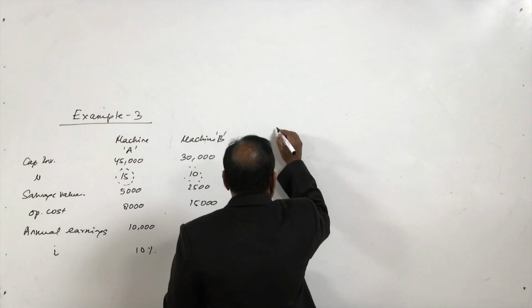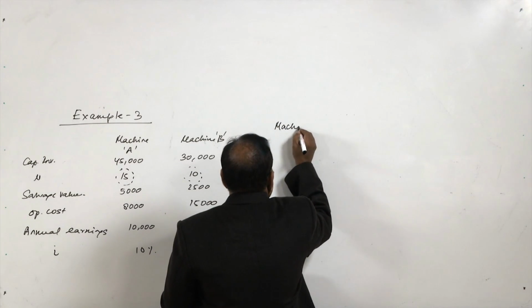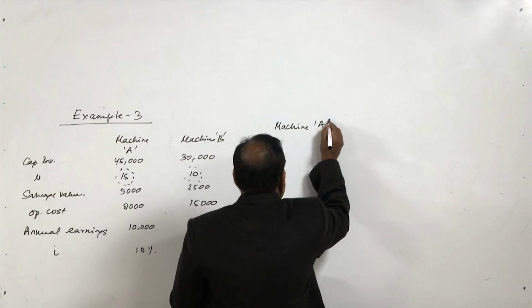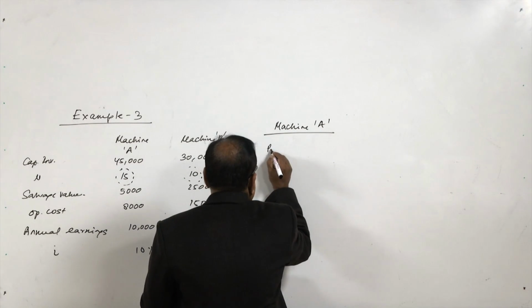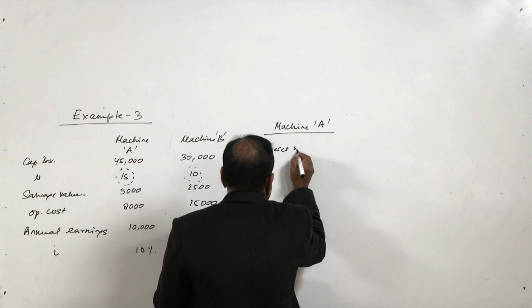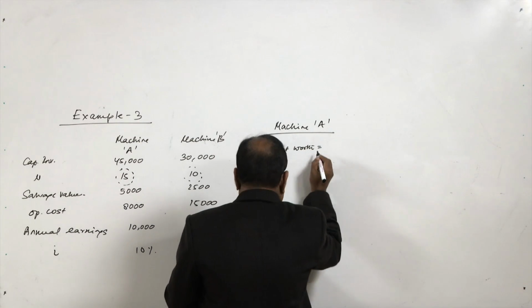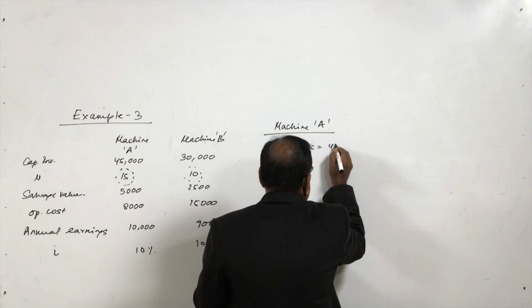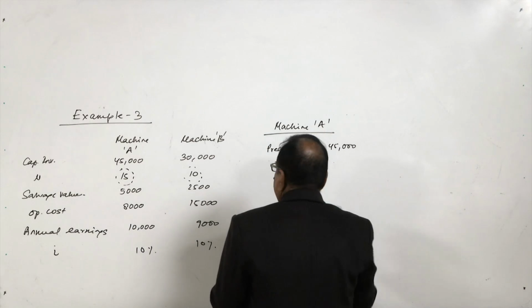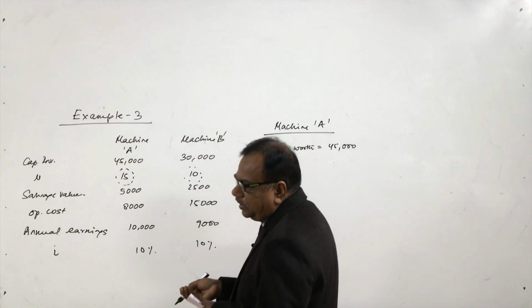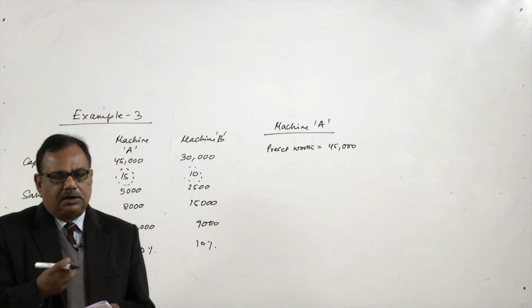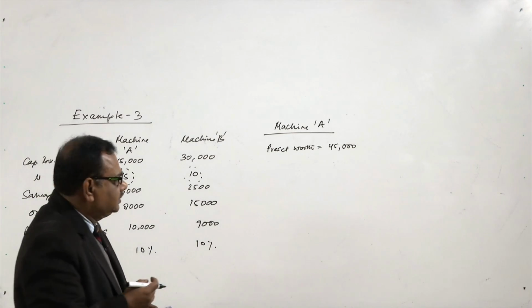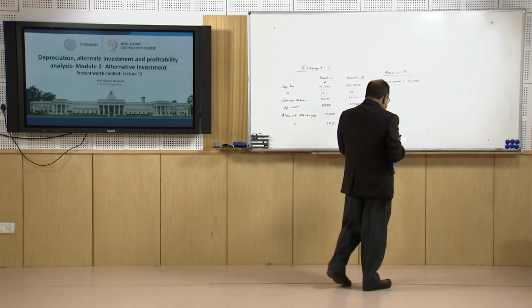Now, machine A, now the present worth is equal to 45,000, because 45,000 will be spent at t equal to 0, that is initially, and hence we do not have to find out the present worth of this, it is itself present worth.